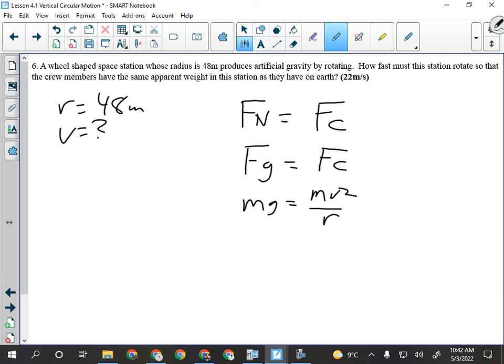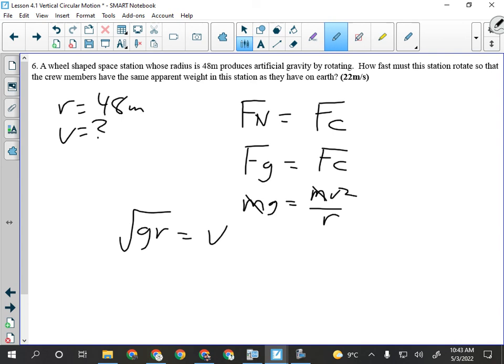I wasn't, because everybody on the station, regardless of their mass, should feel like they're at home. That's why we leave g here. We're basically calculating the acceleration that would be produced. Okay, so in the end, what we get is g times R rooted, to equal v, like we did with basically every artificial gravity question.